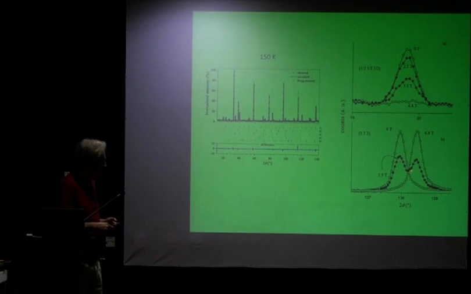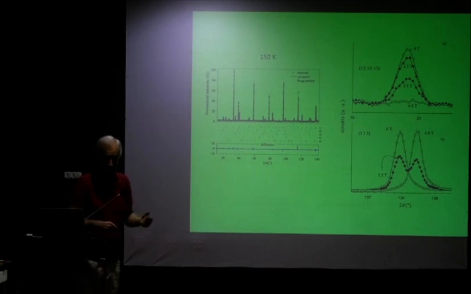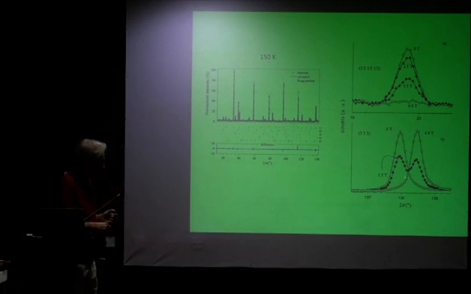And what is happening? There's another peak that is appearing. It's not shifting. There's nothing shifting here. So one is going down, and another one is coming up. And when you go to 4.8 Tesla, this intensity has completely disappeared, and this has shifted all the way to the other side.